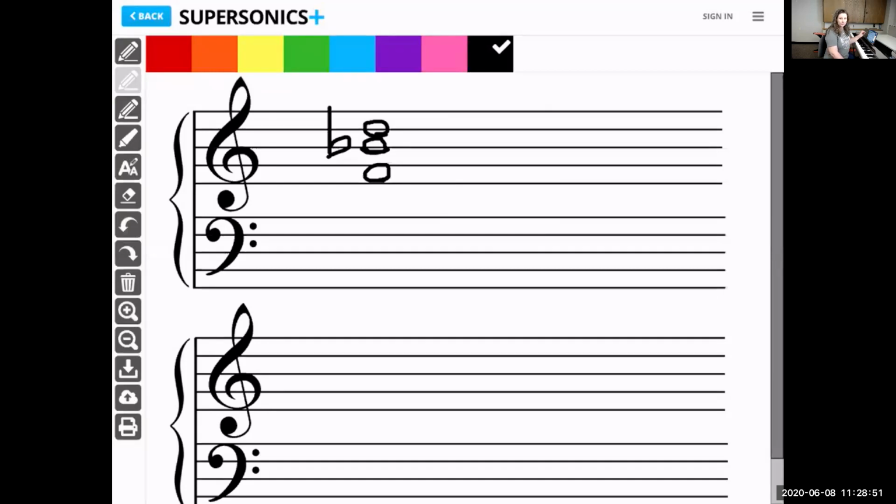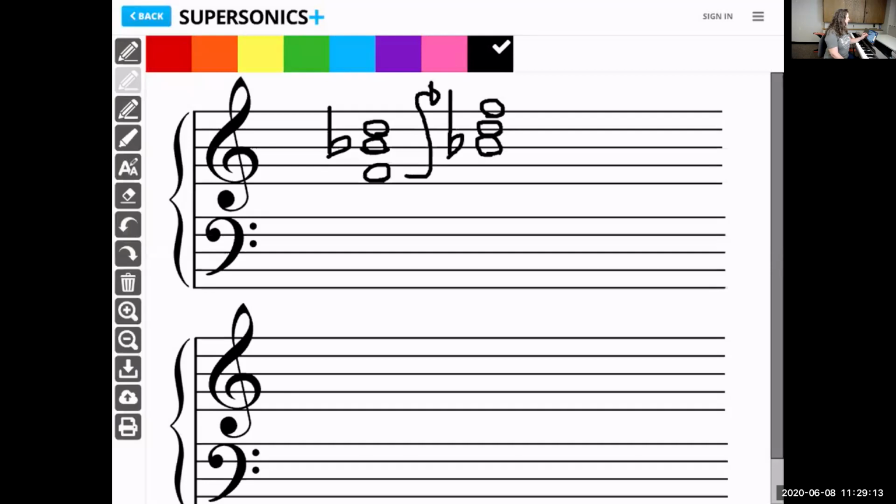So again, I know how to invert my chords, and the easiest way to invert this one is to move the F up the octave and draw my F on the top line, move my D straight over, move the B flat straight over, and now I have a triad.